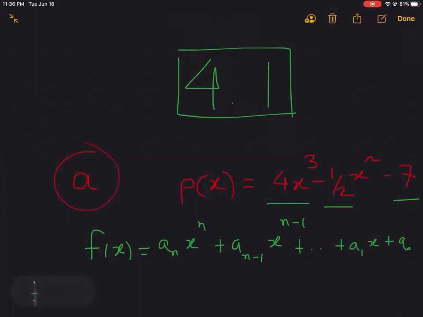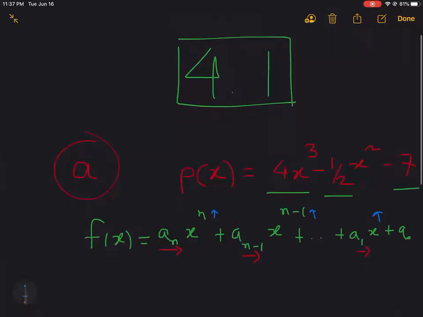As you can see, the subscript of a is actually going down, and the exponent of x is also going down.